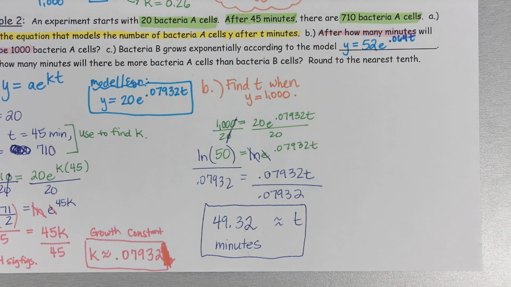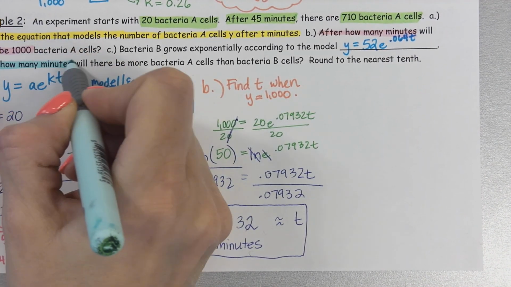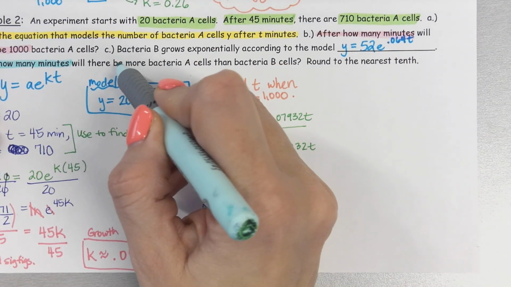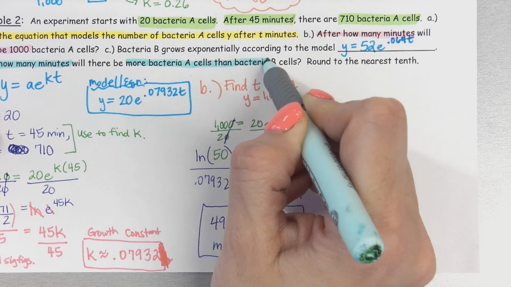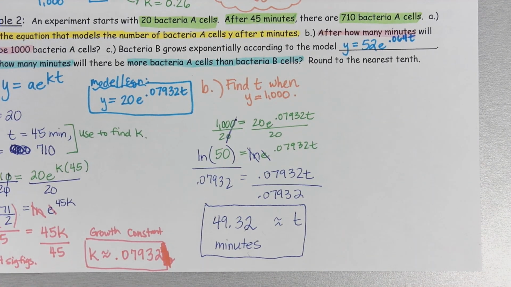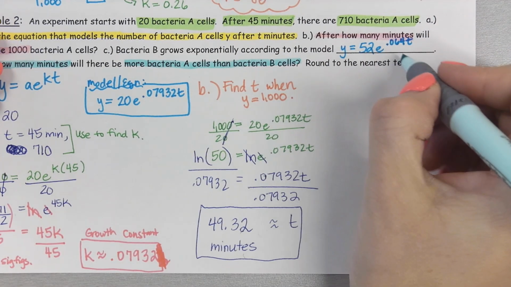Okay, so they're giving us this model. Then it asks after how many minutes will there be more bacteria A cells than bacteria B cells? We're going to round that to the nearest tenth.